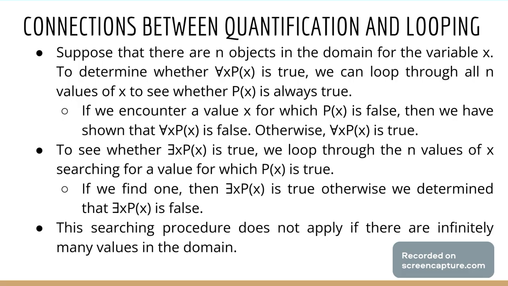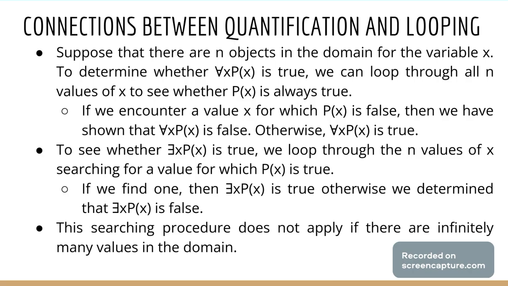In the case of for all x, p of x, only if all values are true will that statement be true. Similarly, in the case of there exists x, p of x, at least one value should be true. So again through the loop, we check whether out of all the n values, at least one value gives the output true for p of x.